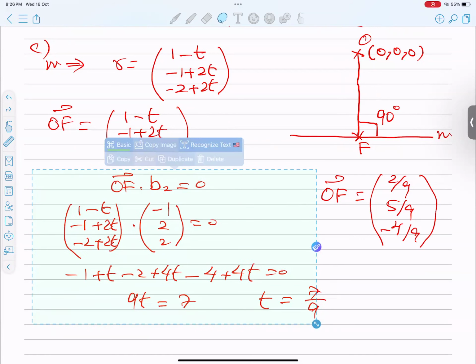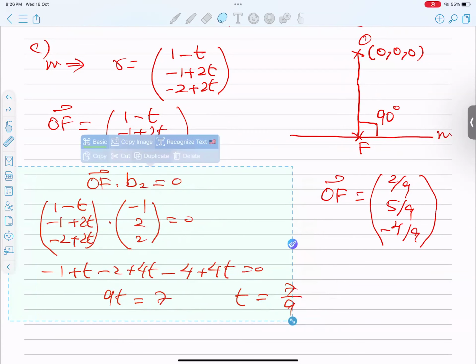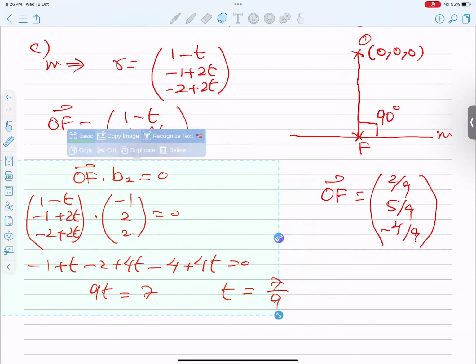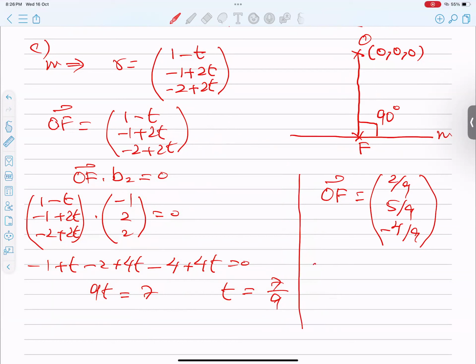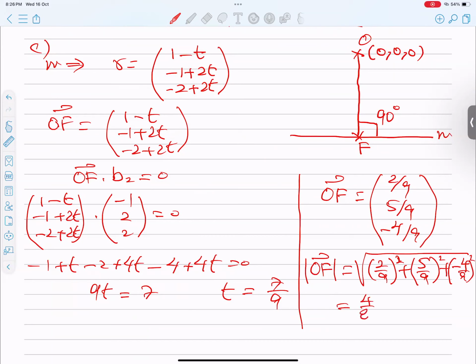I'm going to complete it here. How to find distance? The modulus is called distance. Now we may ask one question, but wait and watch. Let me finish, then I come to the point. I squared every value. So let's see what answer turns out. Here I got 4 over 81, here 25 over 81, and here 16 over 81.